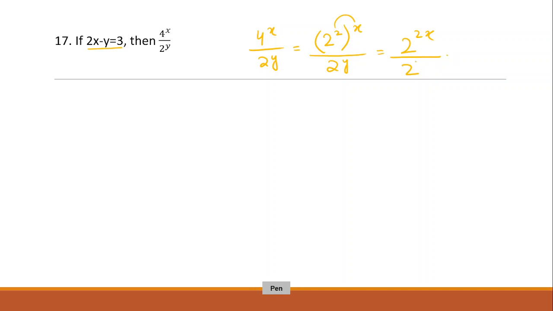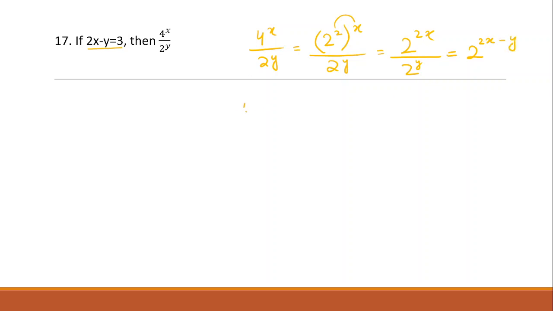If you see here, you can apply the quotient rule, right? The bases are the same. The base in the numerator is 2, and in the denominator it is also 2. So you can just write a single 2 here, and you can subtract the exponents, 2x minus y.